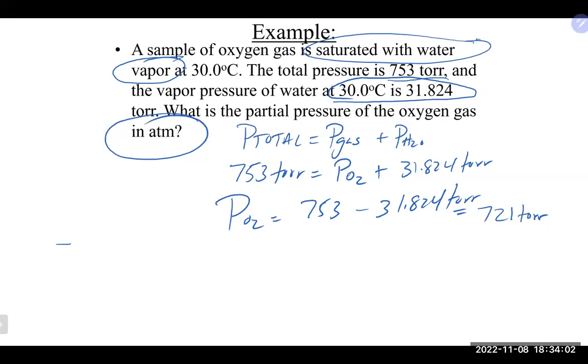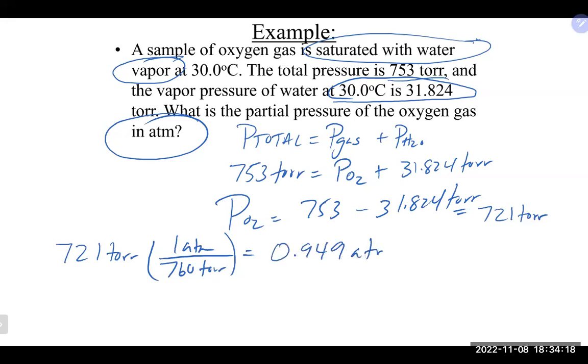So a reminder, as we go from torr to atmospheres, we divide by 760. If we do that, we end up with 0.949 atmospheres. So this represents the pressure of the dry oxygen gas, after we subtracted off the water vapor pressure.